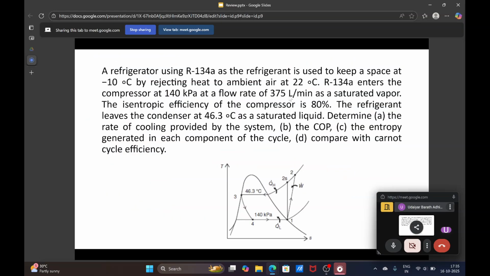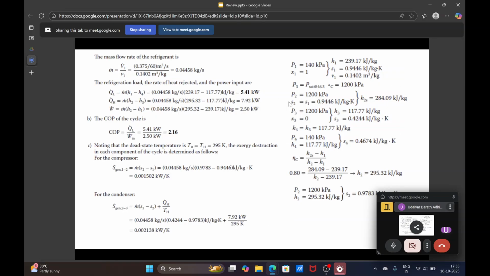So 1 liter is 10 power minus 3 meter cube, so 0.375 meter cube divided by 60 gives you meter cube per second, divided by your specific volume, which is 0.1402. So that gives you a mass flow rate of 0.04458 kg per second.